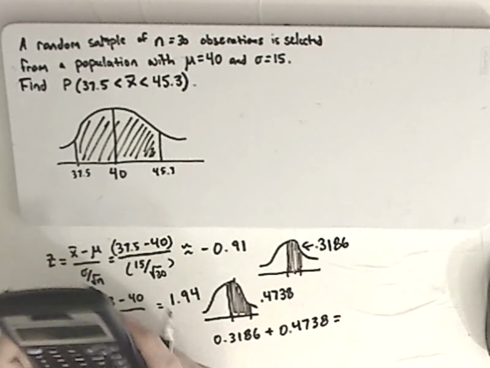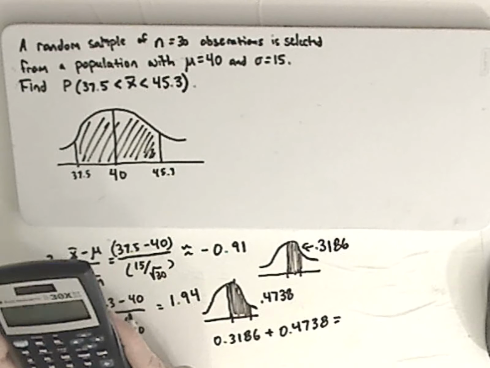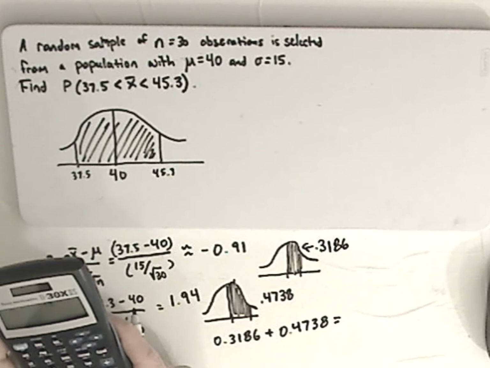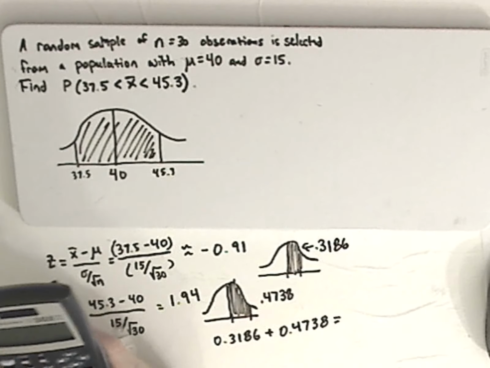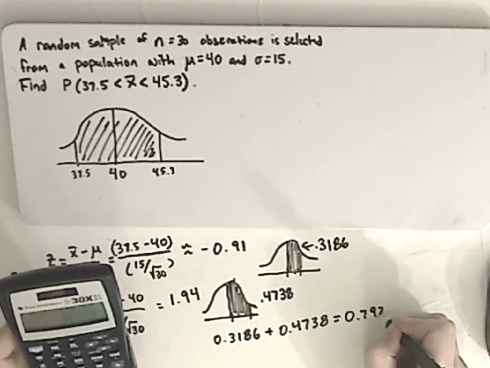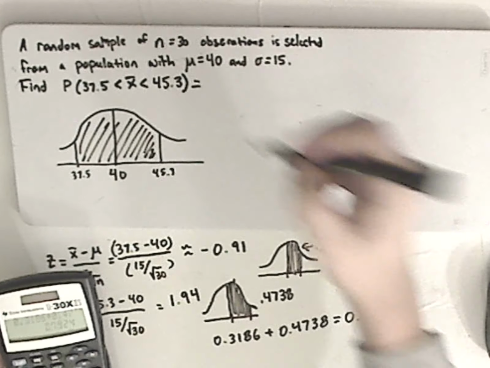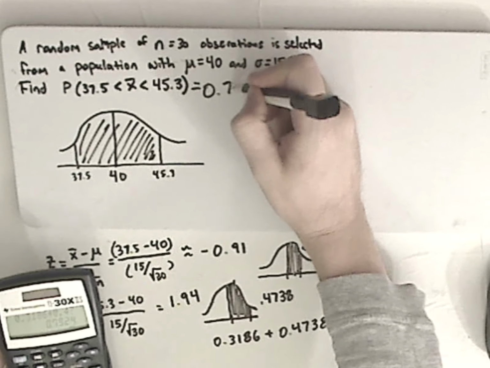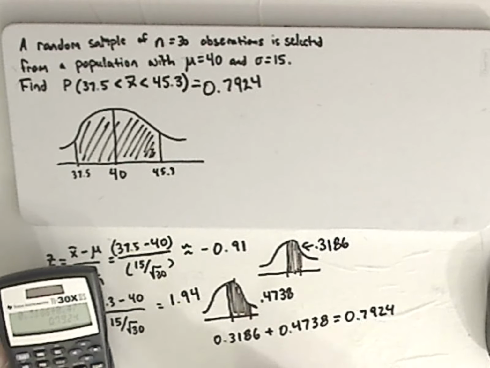When I add those up, that gives me 0.7924, and that's the probability. So it equals 0.7924, and that's it.